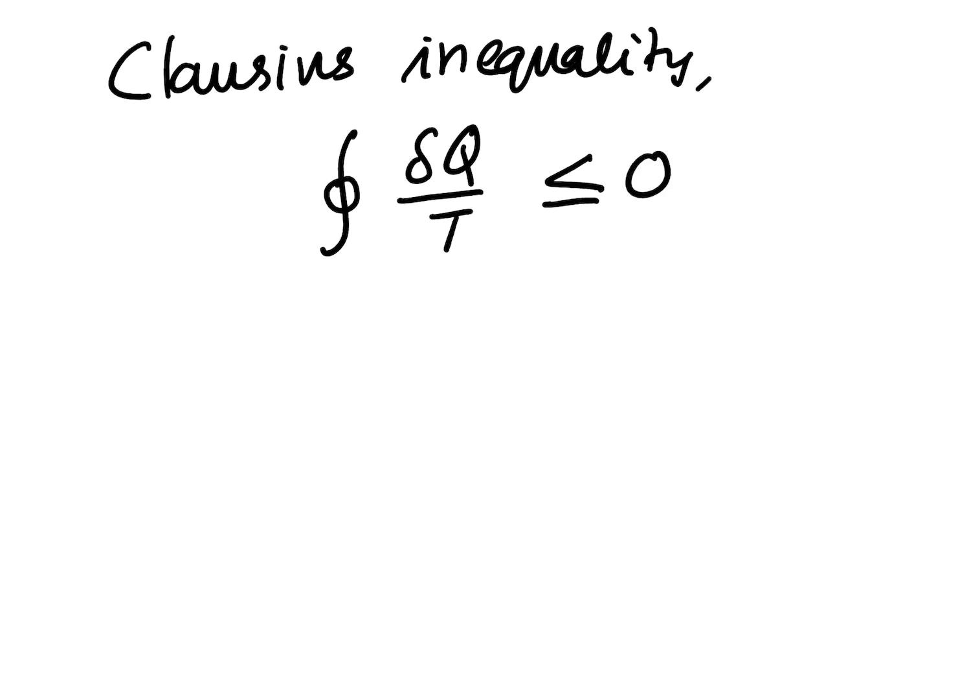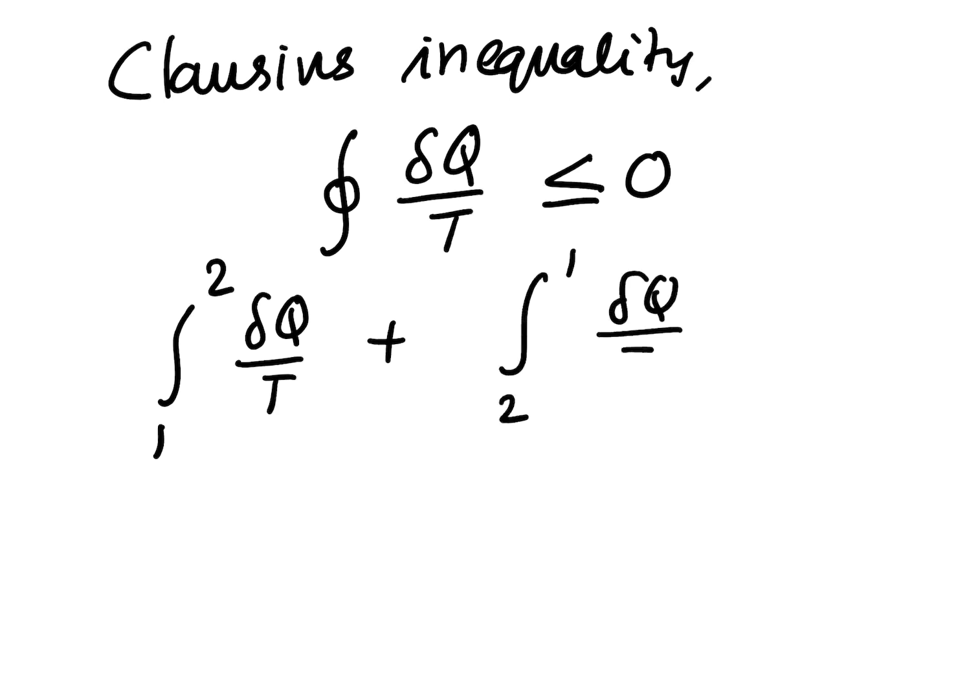And since this cycle consists of two steps, I'm going to split this as 1 to 2 delta q over T plus 2 to 1 delta q over T, but in this case it's an internally reversible process, is less than or equal to 0.